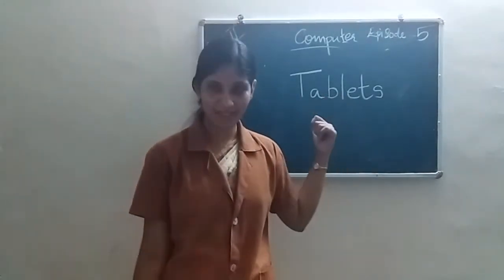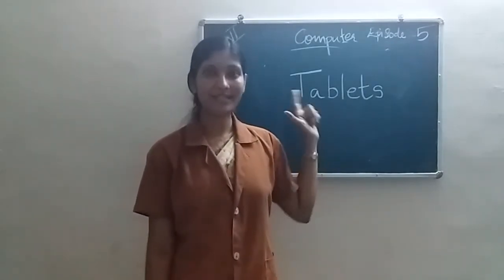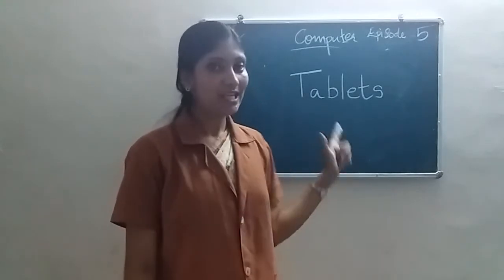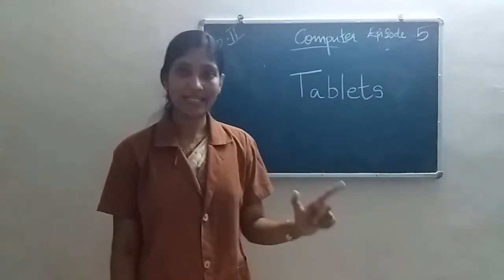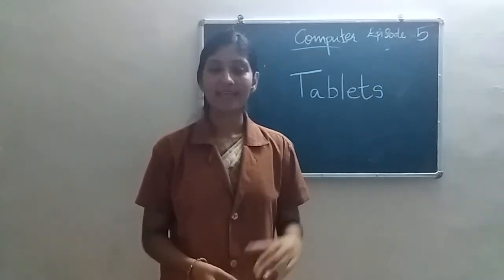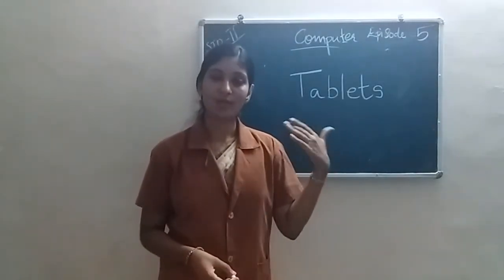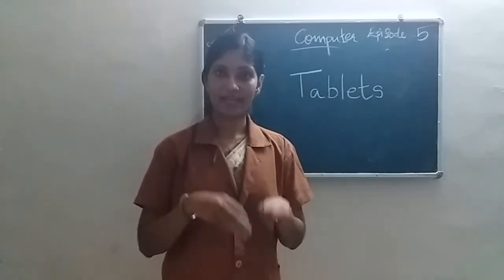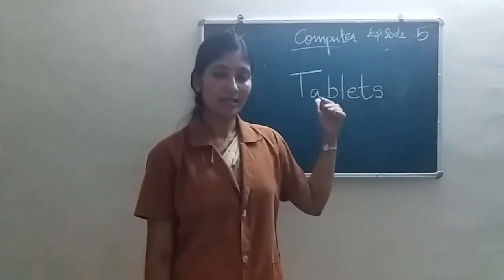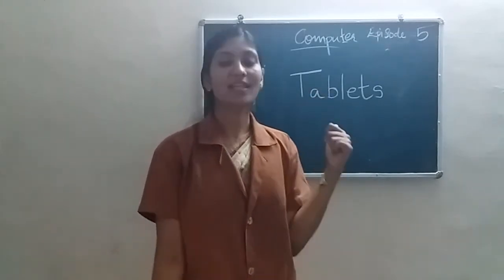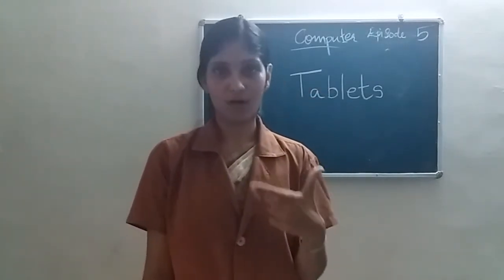Okay, so tablets means, what is the spelling of tablet? T-A-B-L-E-T-S. It is another type of computer, very small in size, and this type of computer has also a screen, a touch screen, and a keypad already inbuilt. That means it uses touch screen operating.